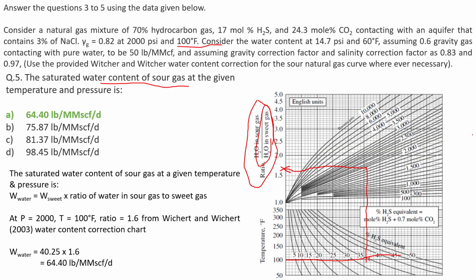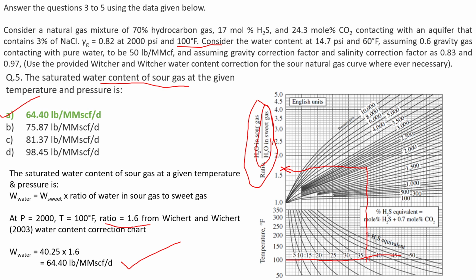The ratio that we find from this graph is almost equal to 1.6, and we have to multiply this ratio with the H2O in sweet gas, which we found in question number 3, around 40.25. By multiplying these two, we find the H2O in the sour gas, which comes out as 64.40 lb per mmscf per day, which is option A.